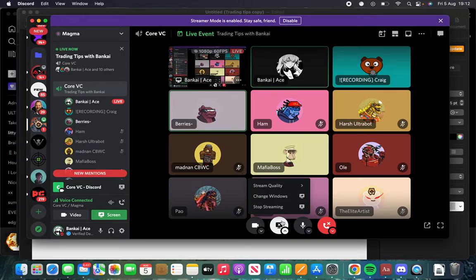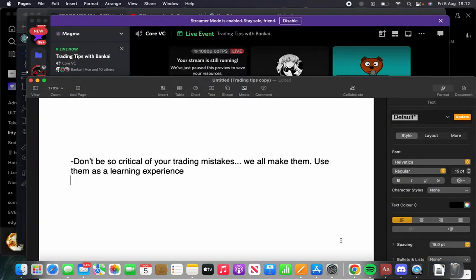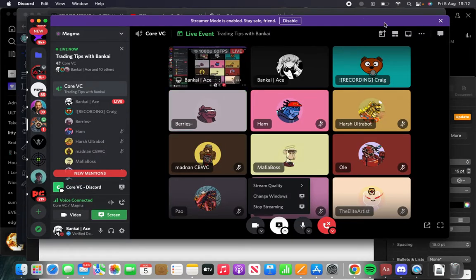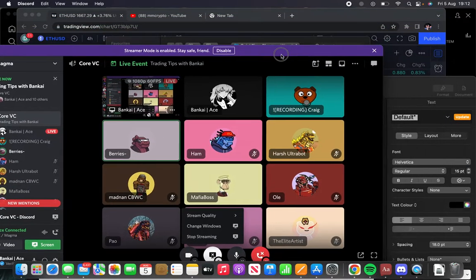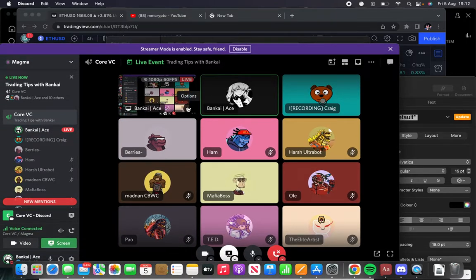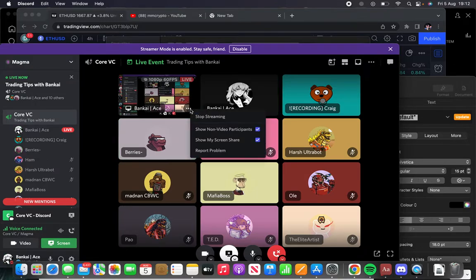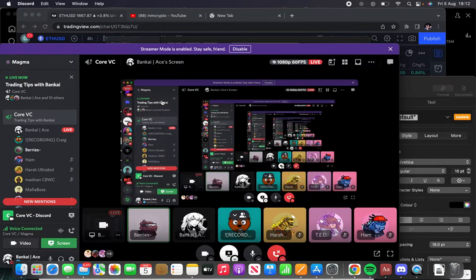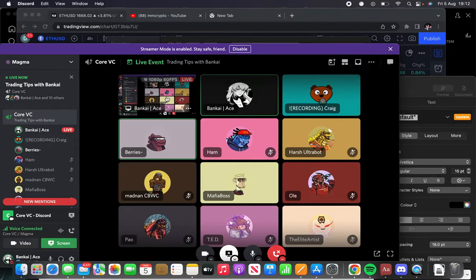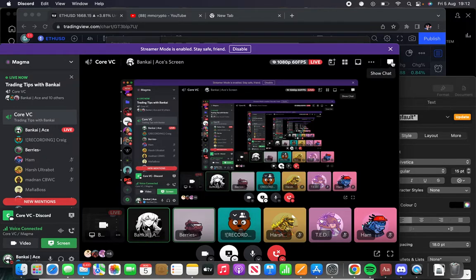You then select Chrome and do that in your screen sharing settings. Oh my gosh, I'm so bad at this, man.